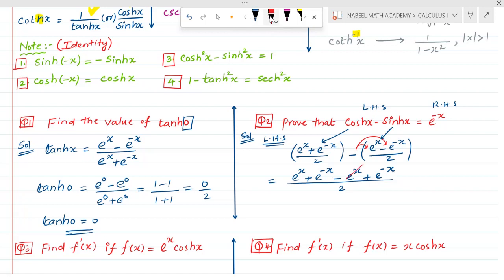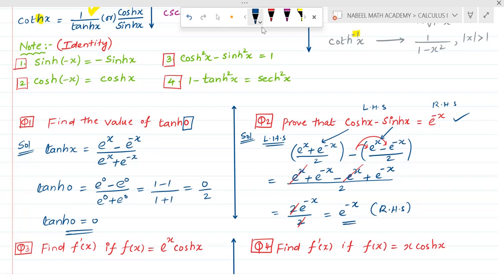Therefore, e power x plus and minus get cancelled and the remaining thing is 2 times e power minus x over 2. If you simplify further, the answer will be e to the power minus x, which is my right hand side. So that's the proof. This is the proof.